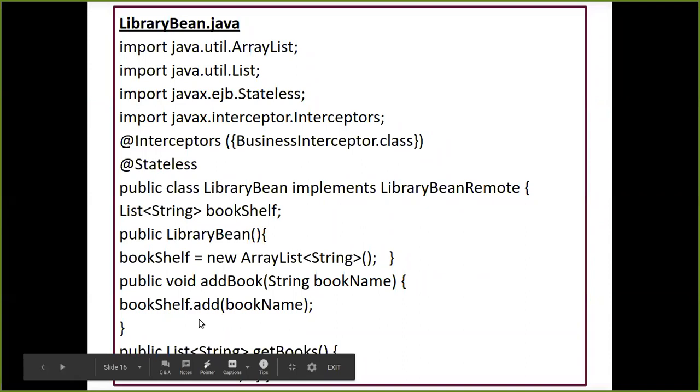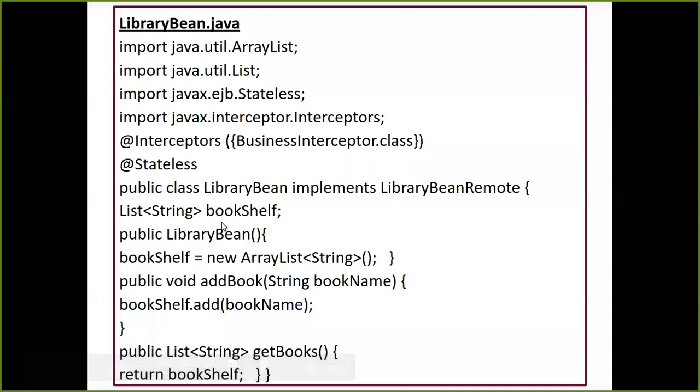So you have the list class, which consists of a method called add to add the items into the list. Now I'm going to get, one by one, all the book names, and use the add method to add them into the list I have created over here with the name bookShelf.